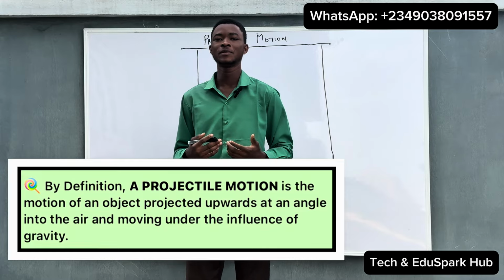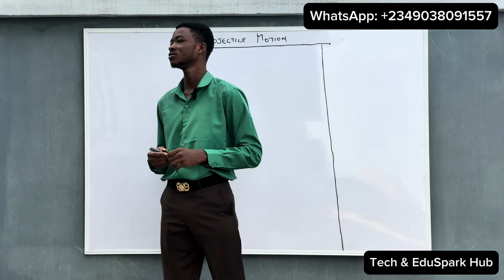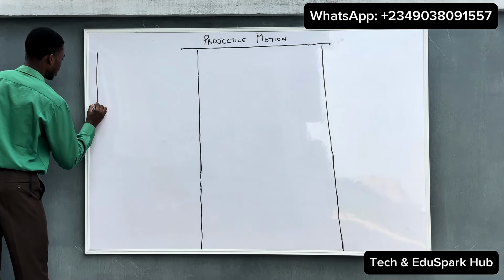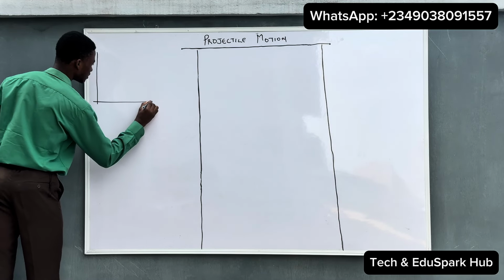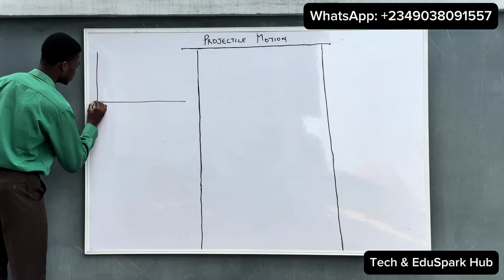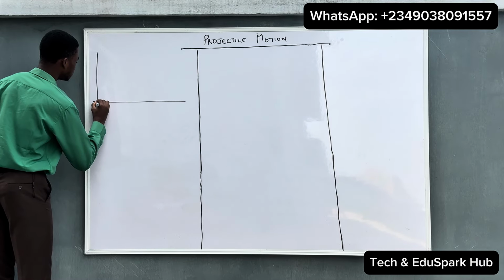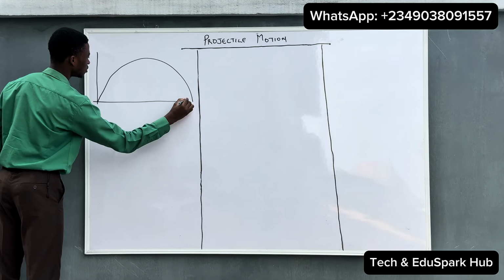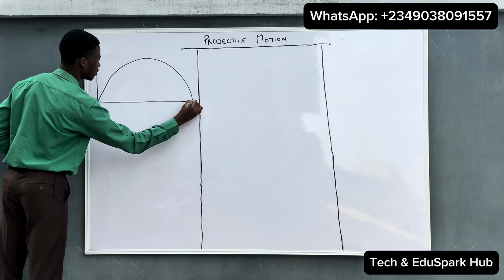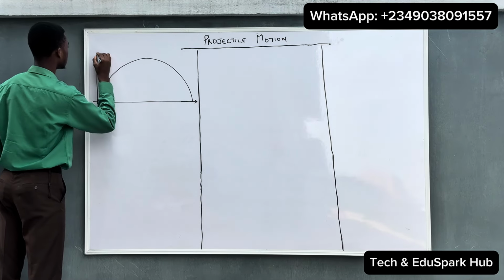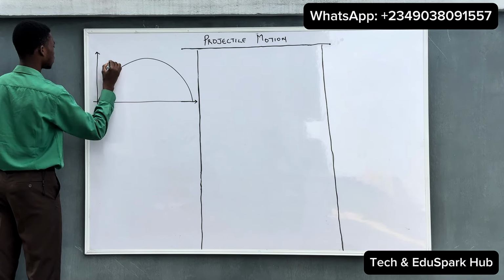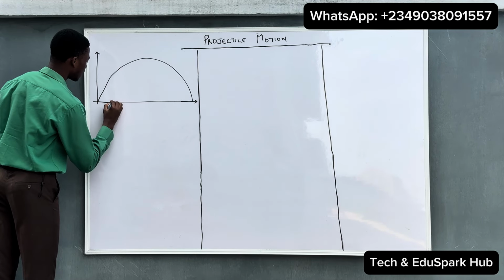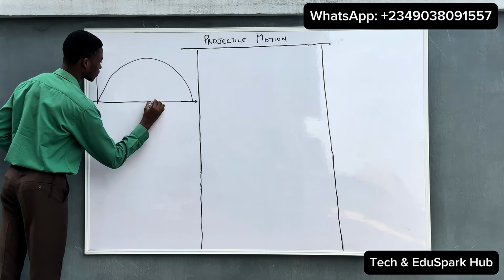So let's have a typical diagram of projectile motion. Let's say this is our height and we have the horizontal distance. If the body is projected from this point of projection, so this is a typical diagram of projectile motion.